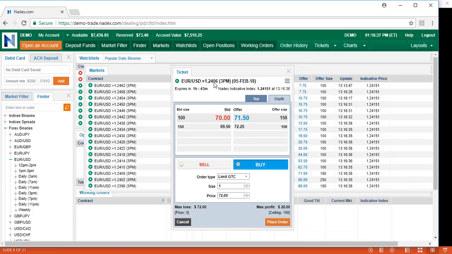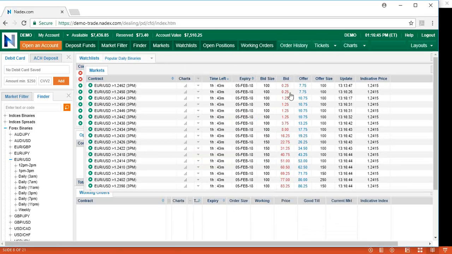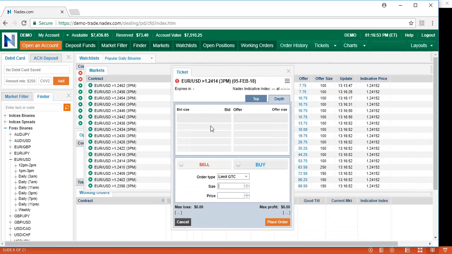If it expires at 2405, then I would be at a max loss of $72, right? And again, we've got binaries from $7 up to $86. I can go and buy one kind of right here in the middle, about 53 bucks, right? So I'm risking 53 to make about 46, a little closer to a 1-to-1 reward ratio.